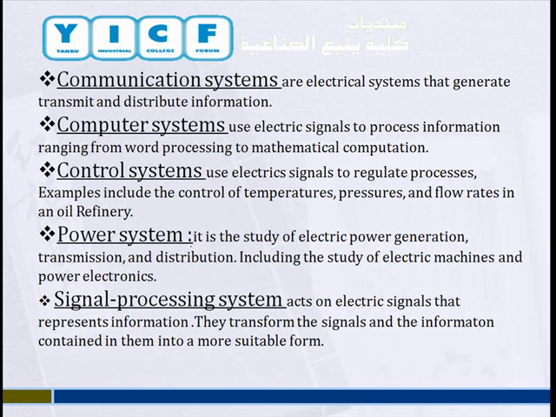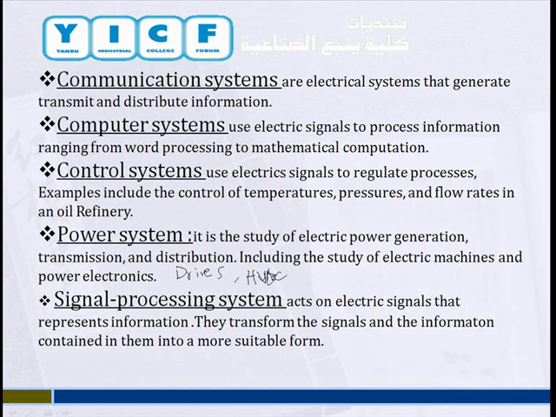We have the power system, which is the study of electrical power generation, transmission, and distribution. It includes the study of electric machines and power electronics. It is also the study of electric drives, for example. We also have high voltage DC transmission systems, and a lot of advanced study in power systems.